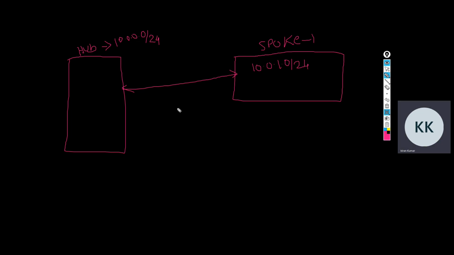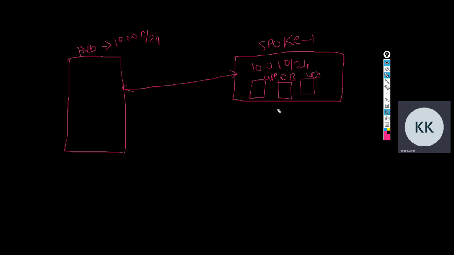Okay, so now the scenario we are going to discuss today: suppose I have taken a /24, and under that I'm creating subnets like an application subnet, a database subnet and a web subnet, and I utilize this entire /24 range, that means 10.0.1.0/24 is entirely utilized here.